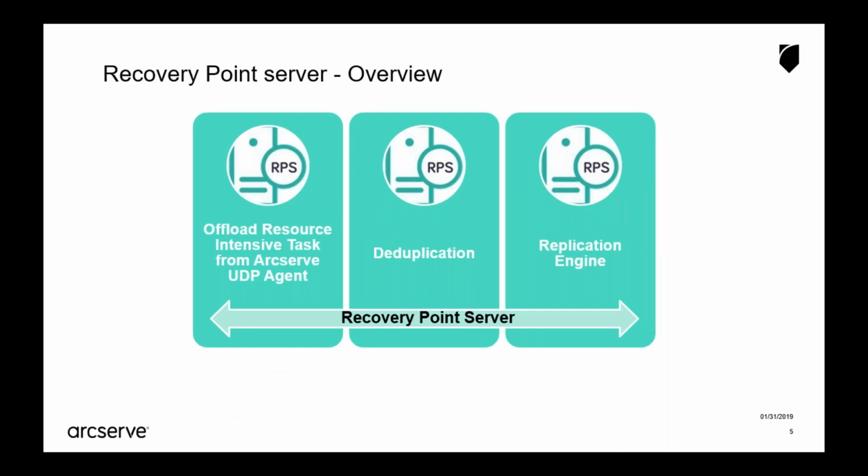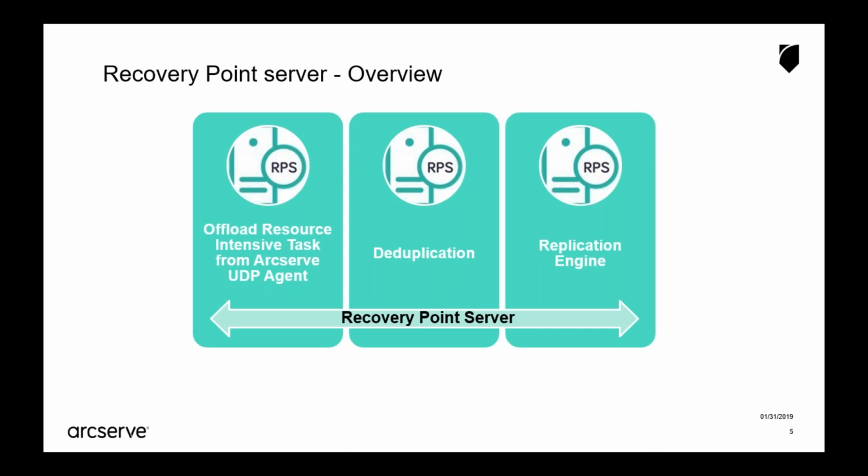Let's take a small overview of the RPS. The RPS offloads the resources of the source nodes, or I would say source servers, once the backup job is done, which means after the backup is done, all the other jobs like replication, copy recovery point, merge jobs, cataloging, all these jobs will be done on the RPS server itself, which means the source node is not involved when UDP is doing these activities.